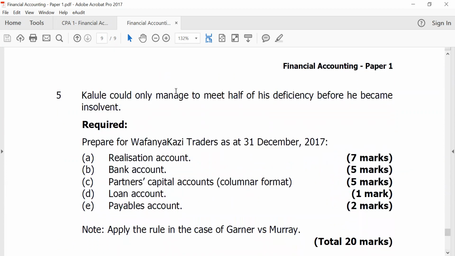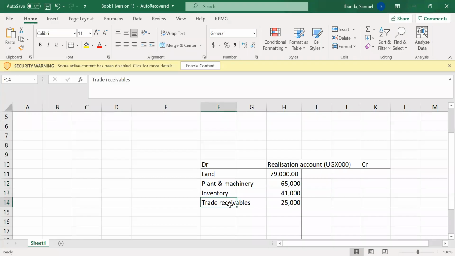And with this, we are also going to appreciate this so-called Garner versus Murray, the aspect of accounting for cases where one of the partners goes bankrupt or is unable to pay his deficiency. So that is one of the things that we have to look at. So yeah, we can try to do this as a number.